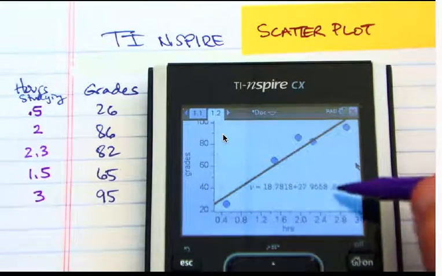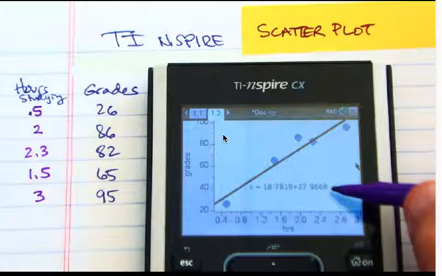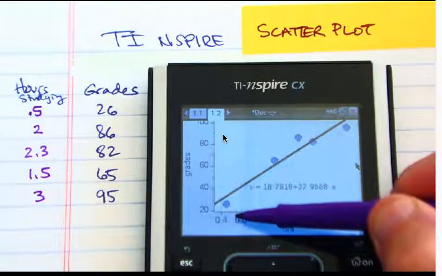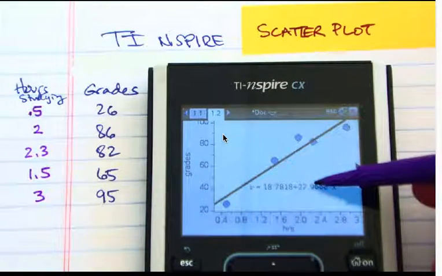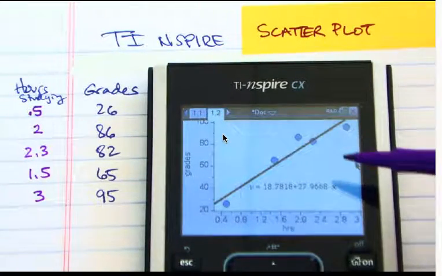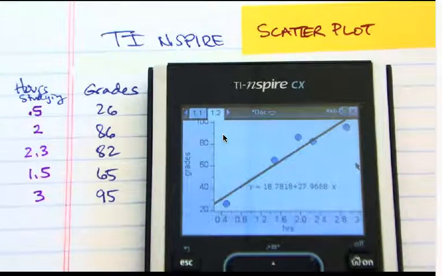Number two, the slope, 27.97, means for every increase in hours studied, that's an increase in x, our y is increasing 27.97 points on my grade. So for each 1 hour, my grade is increasing that much.